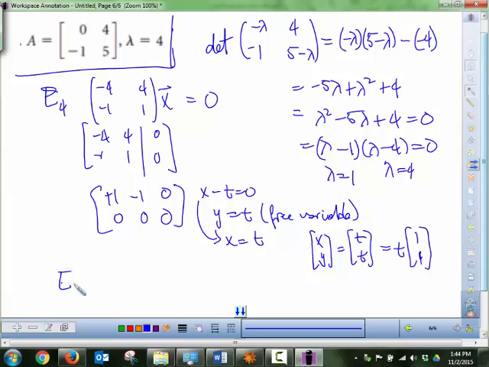So your E4 is going to be equal to the span of (1, 1).